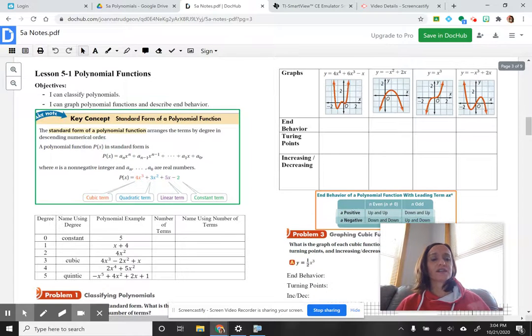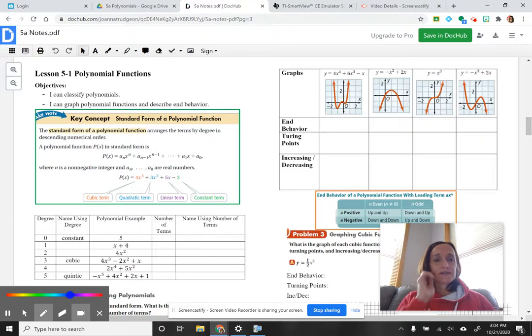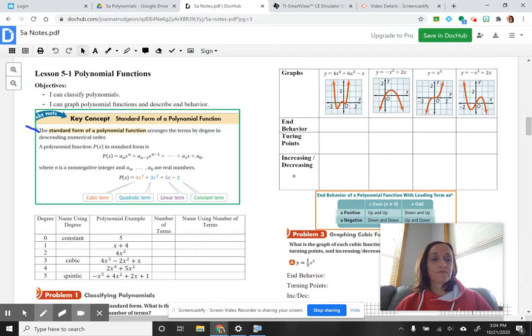So let's first go through this little chart here. It says here the standard form of a polynomial function. The standard form of a polynomial function arranges the terms by degree in descending numerical order. Polynomial functions, often we say p of x.